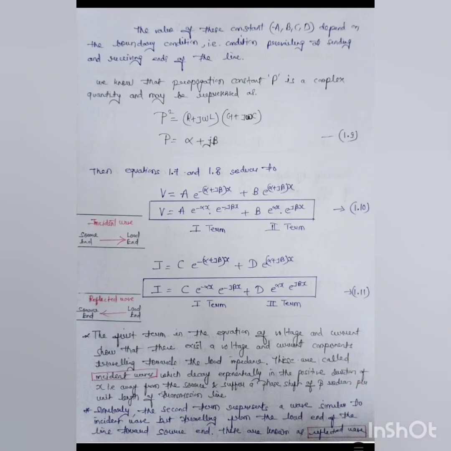And this elaboration helps us understand in which direction the wave is traveling. Obviously the negative exponential shows that the wave is traveling from source to load end, and the positive exponential shows that the wave is traveling from load end to source end, which is called the reflected wave.